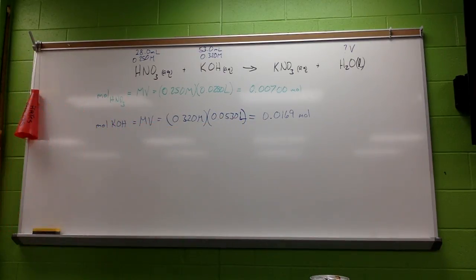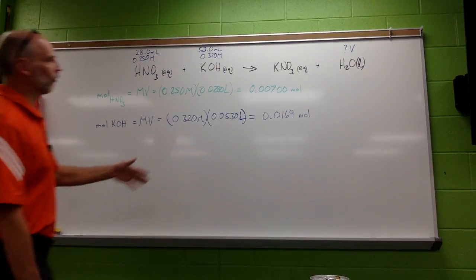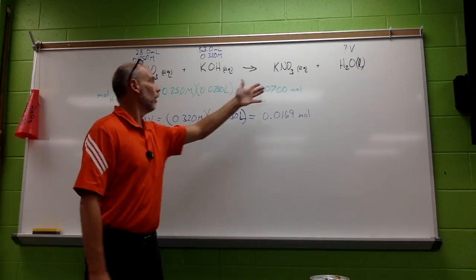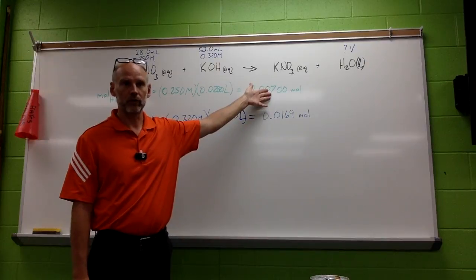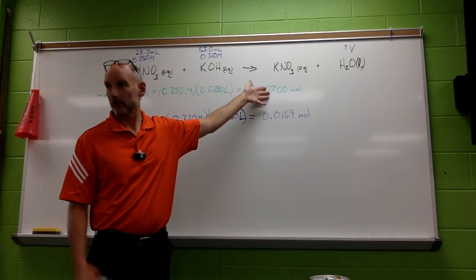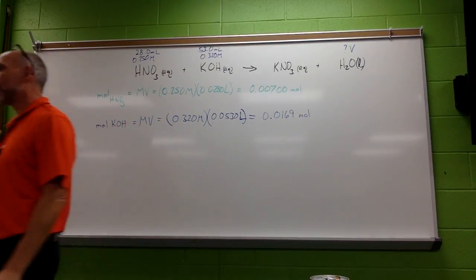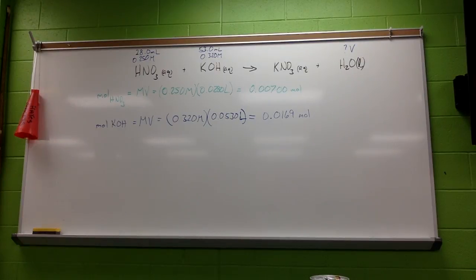But you can say, without having to do a stoichiometry problem, a setup, all that stuff, due to the 1-to-1 stoichiometry, there is less nitric acid than there is potassium hydroxide, therefore this is a limiting reactant. You need to provide some evidence of a thought process that led you to believe that one was limiting. You guys see where I'm going with that?